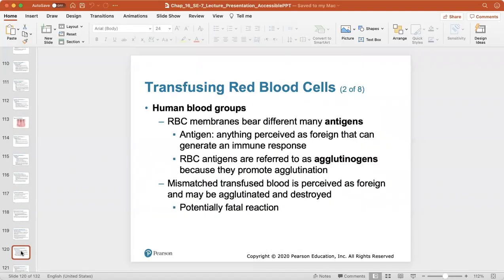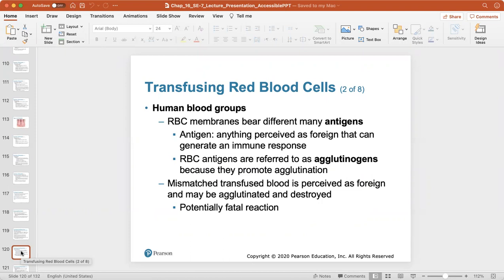Okay, so blood typing groups, you should know very well about the different blood typing groups. Red blood cells have different antigens, and an antigen is anything perceived as foreign that can generate an immune response. Your red blood cell antigens are referred to as agglutinogens because they promote agglutination.